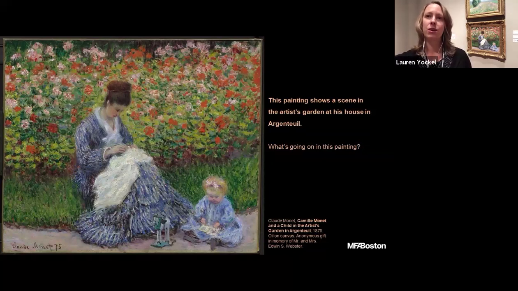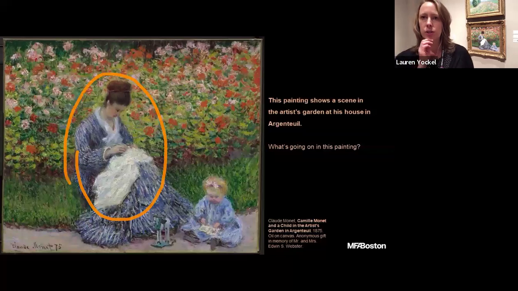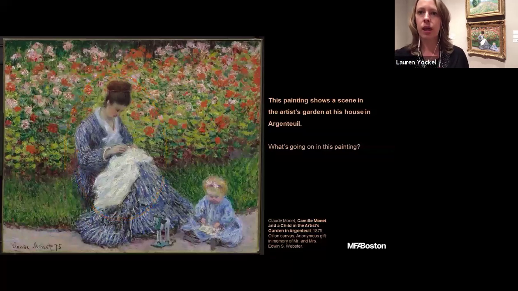Okay. Thank you all so much for sharing these observations. I hope I got all or most of them. And I'll point out a couple of things that you all were noticing here. We see in the painting a woman here. She's looking down, working on something in her lap. Perhaps she's sewing. Somebody noticed this little toy horse sitting on the ground.